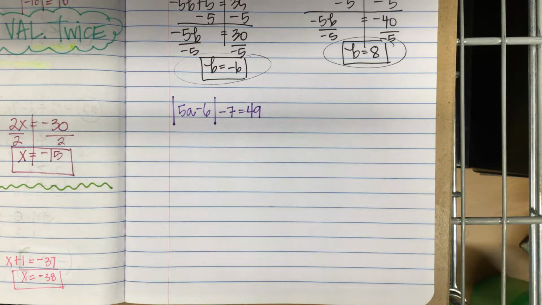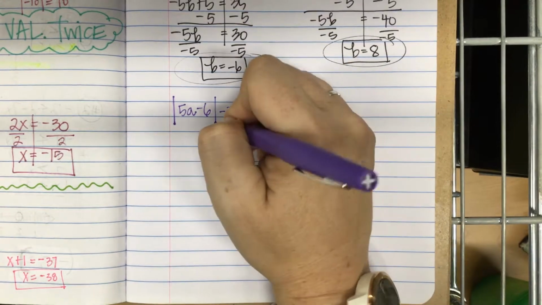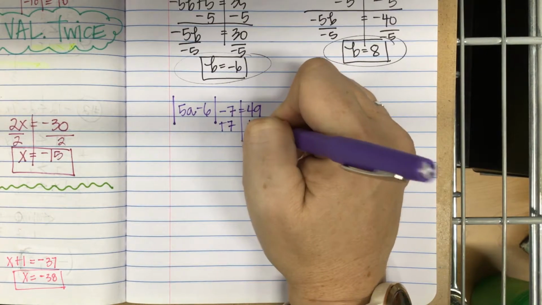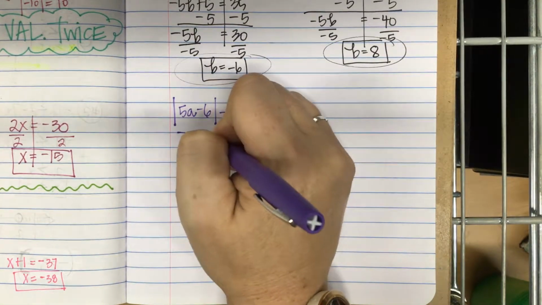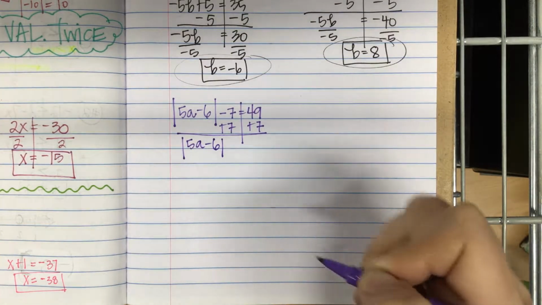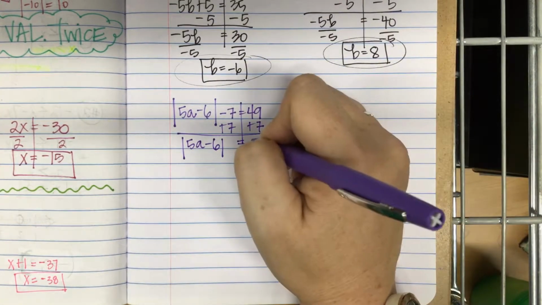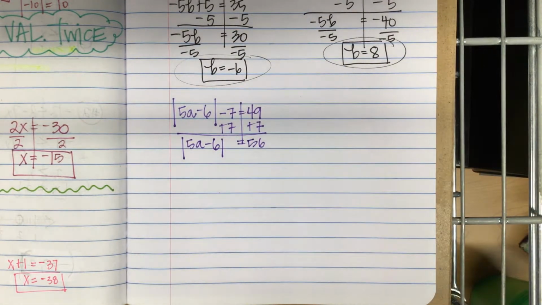The absolute value of 5a minus 6, that's the absolute value part, minus 7 equals 49. Before I start solving this twice, I have to isolate, correct? Yeah. This problem needs some isolation. So I'm left with the absolute value of 5a minus 6 equals 56.